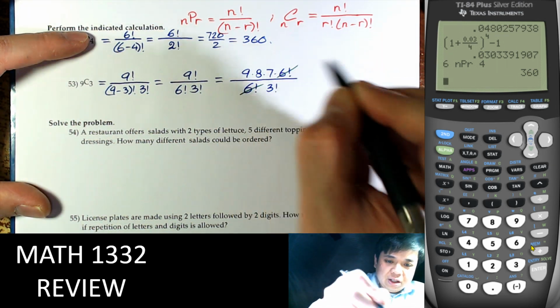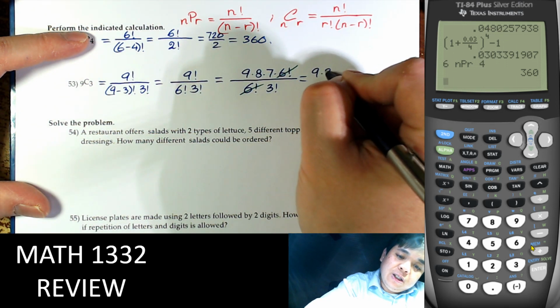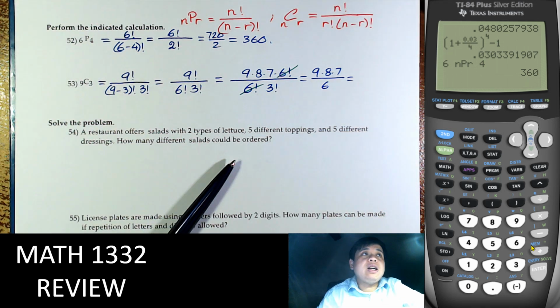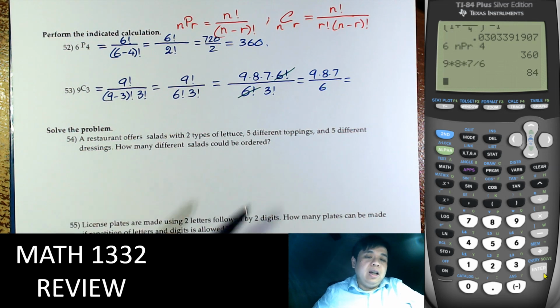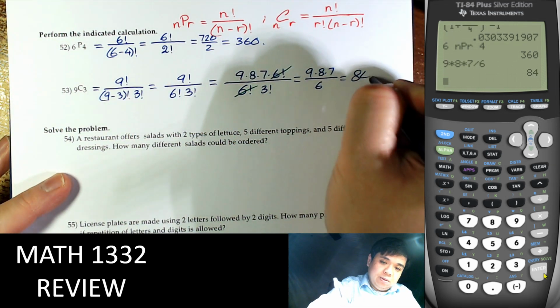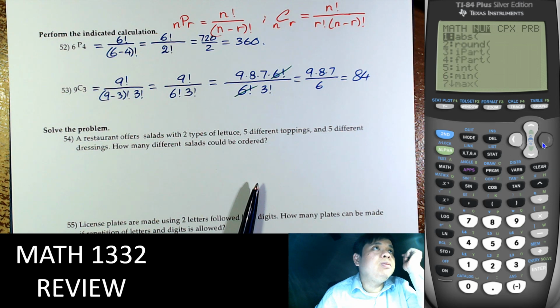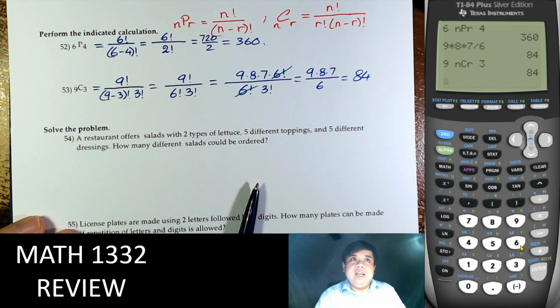Cancel that out. 3 factorial is 6. Just 9 times 8 times 7 divided by 6, 84. You should get the same thing either way.